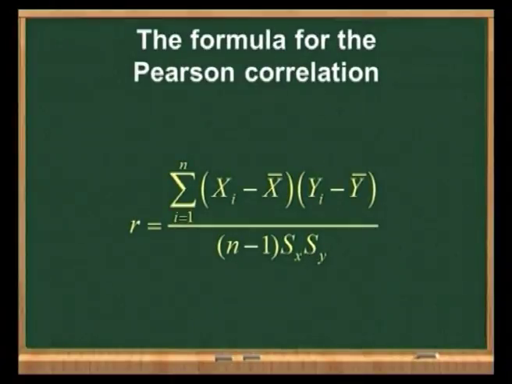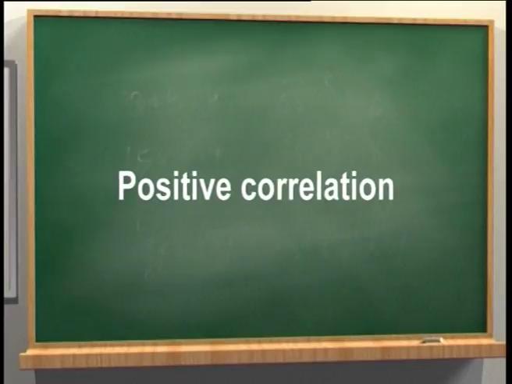R is equal to the sum from i equals 1 to n of (xi minus x bar) into (yi minus y bar), divided by (n minus 1) into Sx into Sy. There are some shortcuts, but in general the formula is tedious, and we will let the computer do all this work.